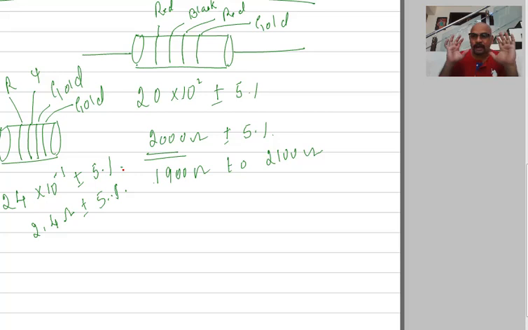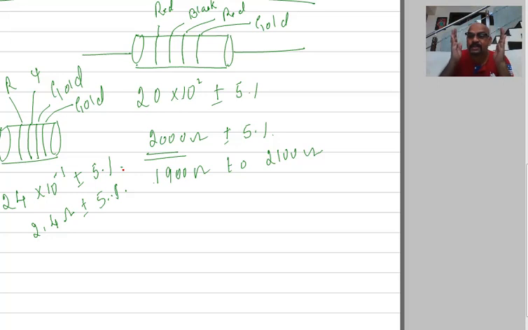So briefly I tell you again, on a carbon resistor you will have 4 colored bands. The first band, first digit, second band, second digit, third band, multiplier of 10, 10 to the power 1, 10 to the power 2, like that. Fourth band represents tolerance. Now you are getting the clear picture of what tolerance is.